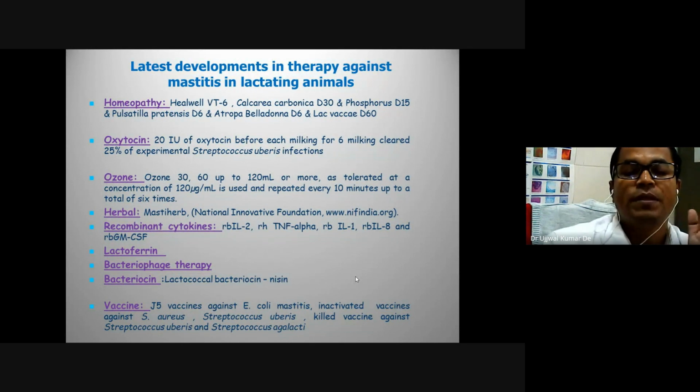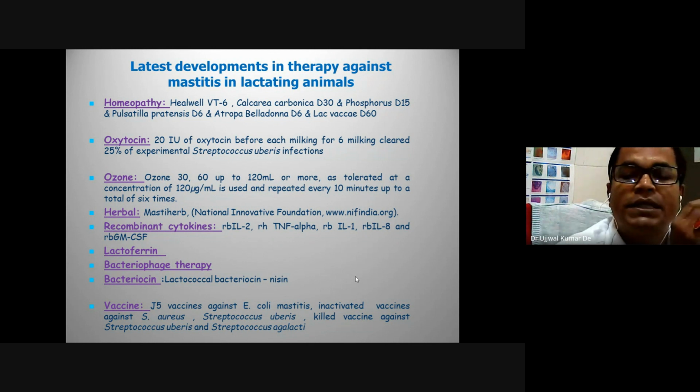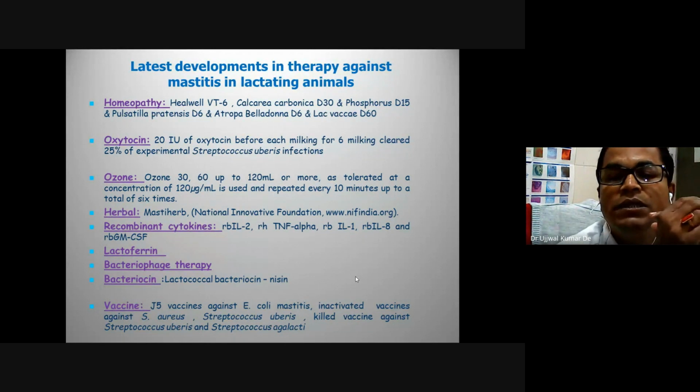Vaccine development for mastitis is very difficult because it is not a single pathogen. There are a number of pathogens, and you do not know which pathogen is causing the mastitis, so it is very difficult to develop a vaccine covering all pathogens.